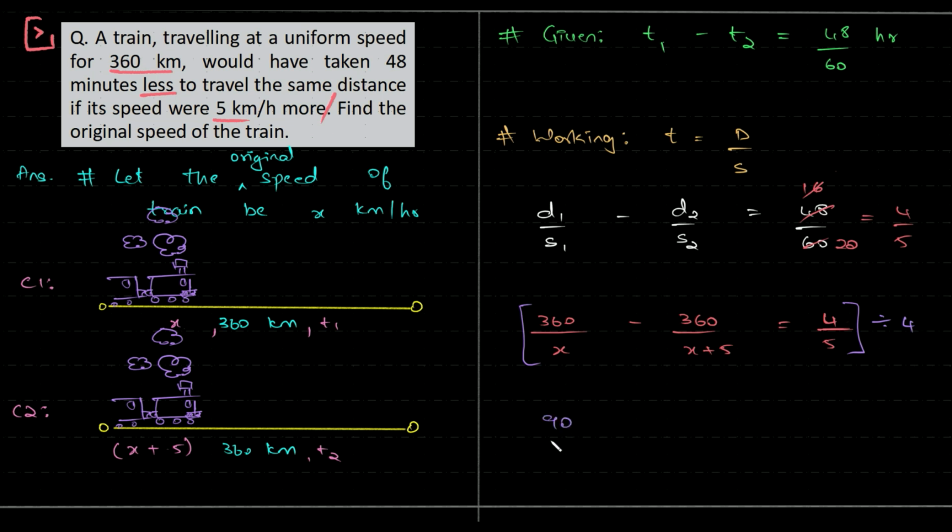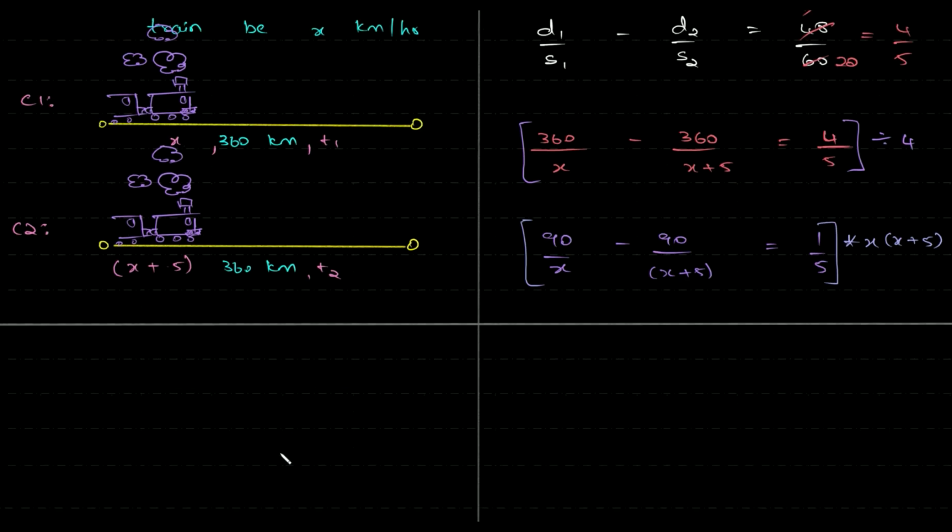So this is 90 by x minus 90 by x plus 5 is equal to 1 by 5. And then on to multiplying throughout with x into x plus 5. So we end up with 90 times x plus 5 minus 90 times x equals x into x plus 5.